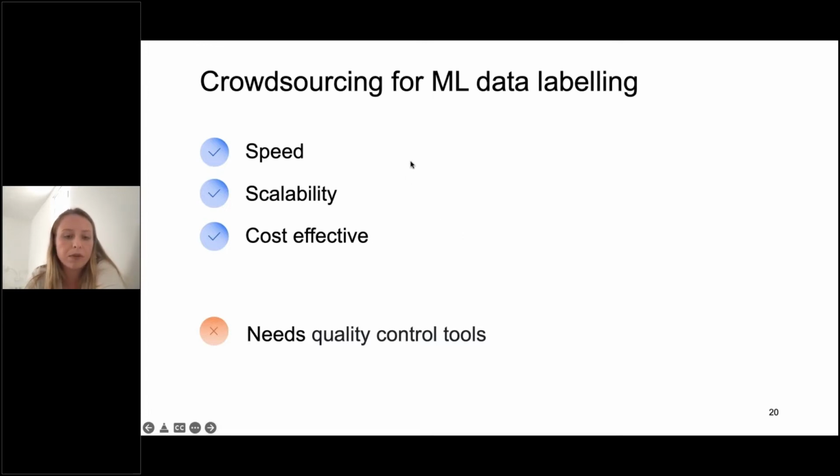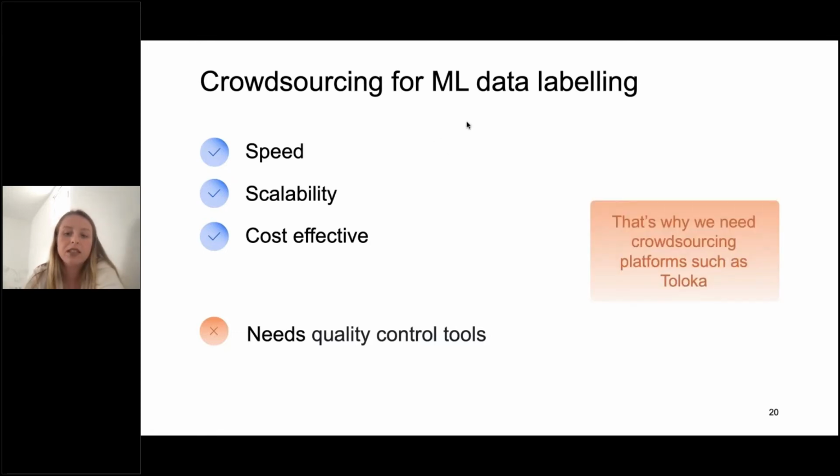Usually, if you have a large crowd, the process should be fast and easily scalable, and because you can choose the price you pay, it could be cost-effective. But what is not guaranteed by default is whether your data will have good quality. And this is why we need crowdsourcing platforms such as Toloka, where we can set up and develop the quality control tools that are needed for crowdsourcing.